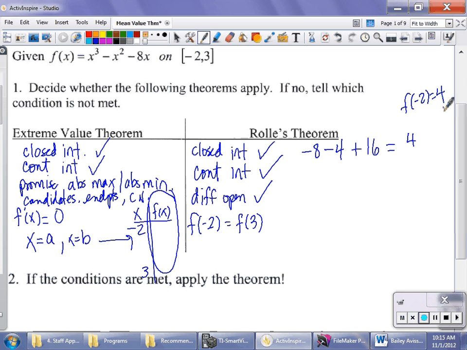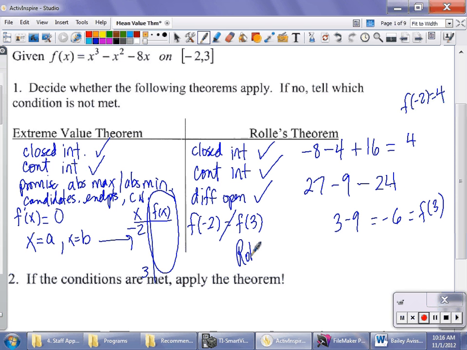Okay, and then substituting 3 cubed is 27, minus 3 squared is 9, minus 3 times 8 is 24. 27 minus 24 is 3. 3 minus 9 is negative 6. So f of 3 is negative 6, and f of negative 2 is not equal to f of 3. Therefore, Rolle's theorem does not apply.